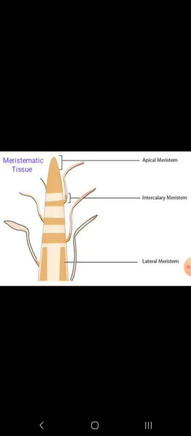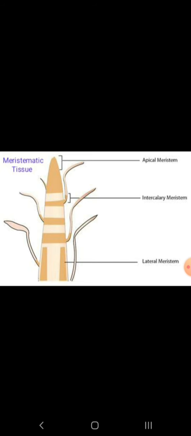The first characteristic is that the cells are very small. The second is that the cell walls are thin, so that the division takes place without any hurdle. As long as the cell walls are not soft and thin, the division will not take place successfully.